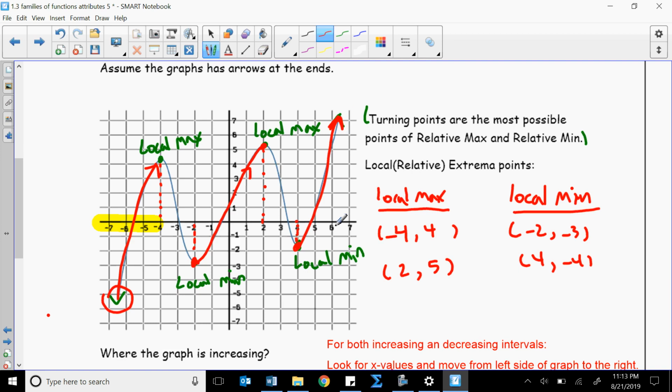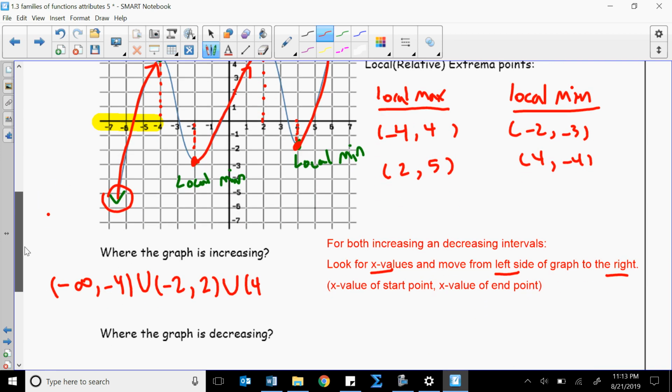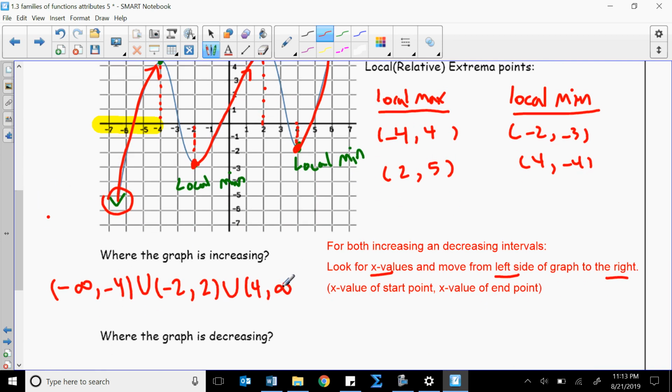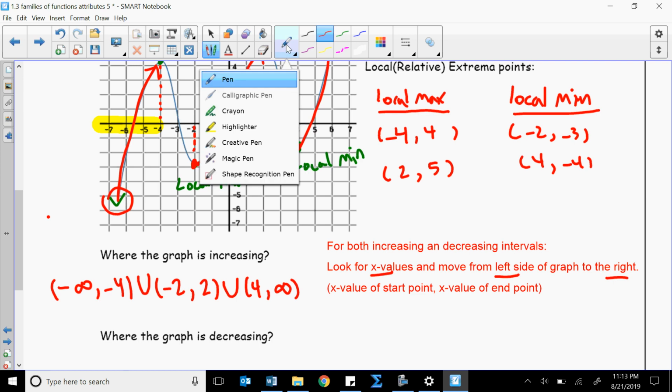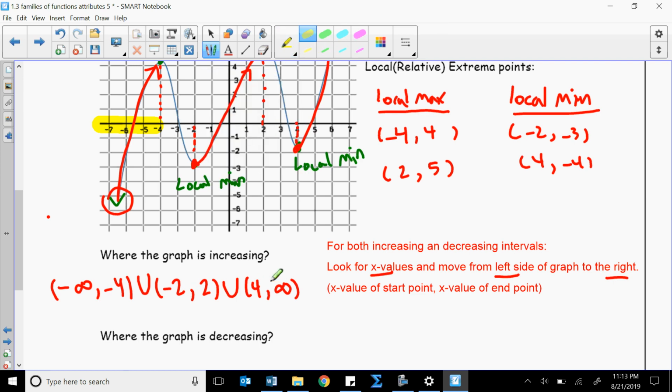Again, this is not 6 or 7. It's positive infinity because my function is increasing, going to infinity. So it's 4 to infinity. So these three were the intervals that I was writing for my increasing.